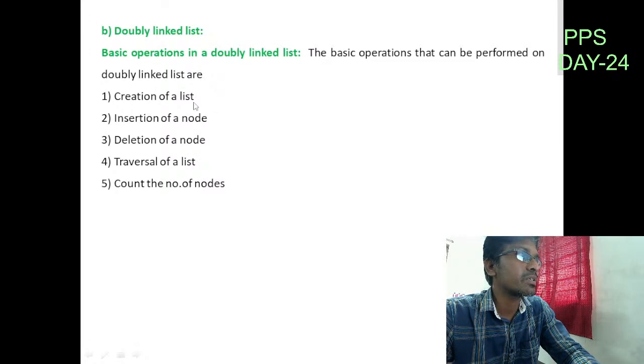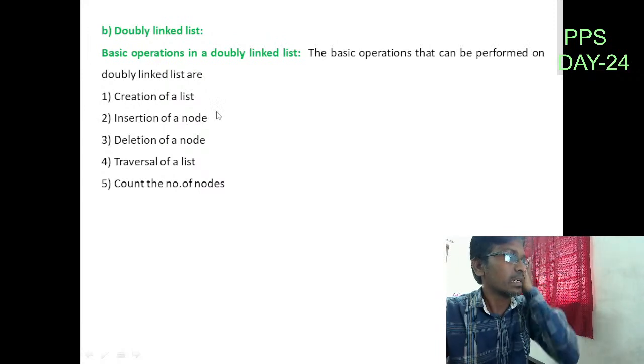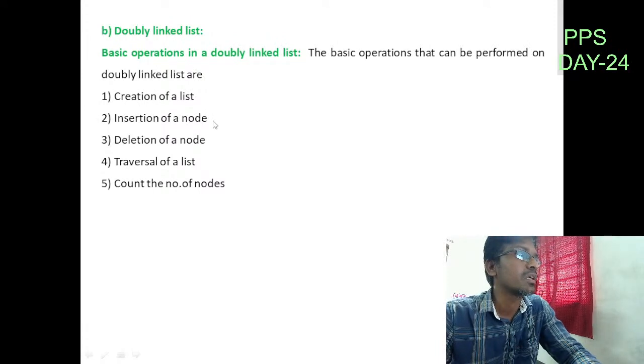That is creation of a list, and inserting nodes, and again insertion will be carried out in three places: inserting at the first position, at the last position, or at the middle position. And deletion: deleting at the first position, at the last position, and deleting an intermediate node.